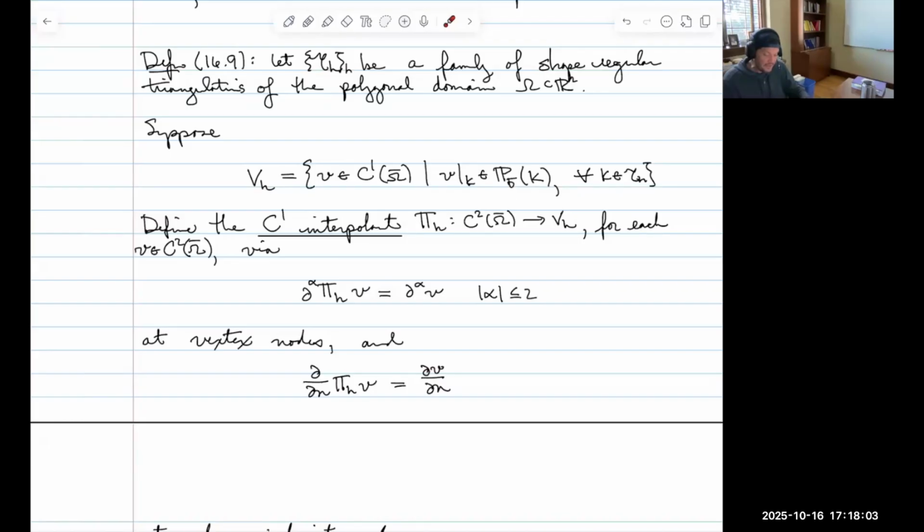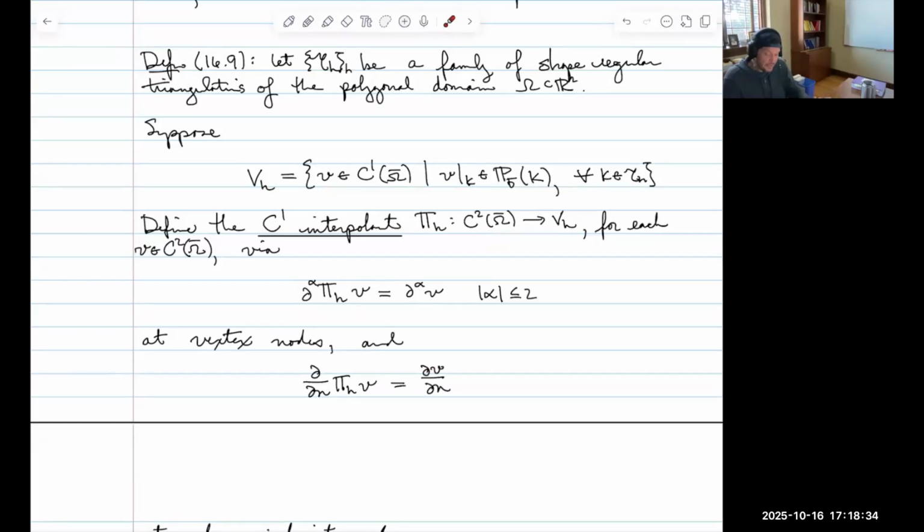And we're going to define an interpolant on that space now. This interpolant is a lot harder to come by than the usual Lagrange interpolating polynomial. We need a function to be globally C2 for this to work, and we're going to push it into this finite element space, VH.